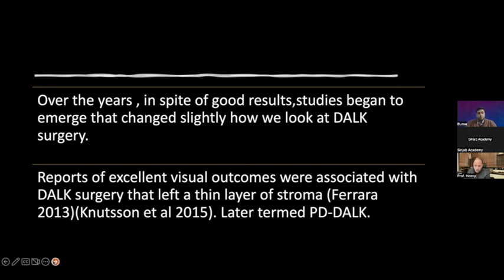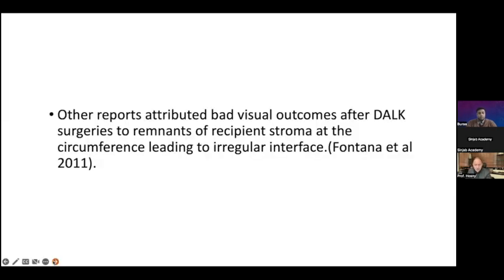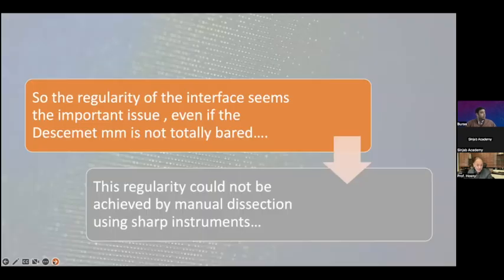This was in contrast to, or opposing, what we used to believe and what we were taught and what we actually experienced when we used to do manual DALC back in the day. Other reports attributed bad visual outcomes, even if you have very good exposure of Descemet's membrane, if you leave the peripheral corneal stromal remnants, and this will lead to irregular astigmatism and sometimes bad visual outcomes.